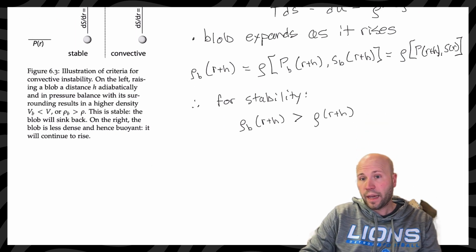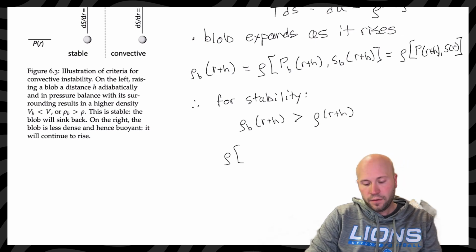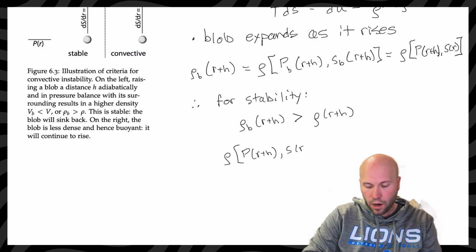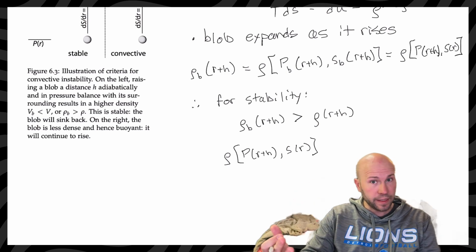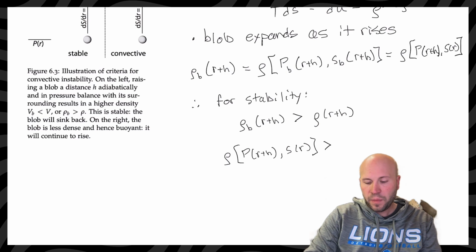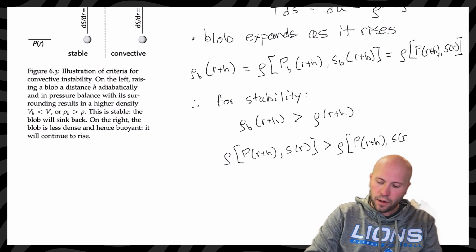Plugging in what we had before, that means that the density as a function of the pressure at R plus H and the specific entropy at R, using the thermodynamic relationships in the equation of state to invert these things and relate them to each other, must be greater than the density as a function of the pressure at R plus H and the entropy at R plus H.